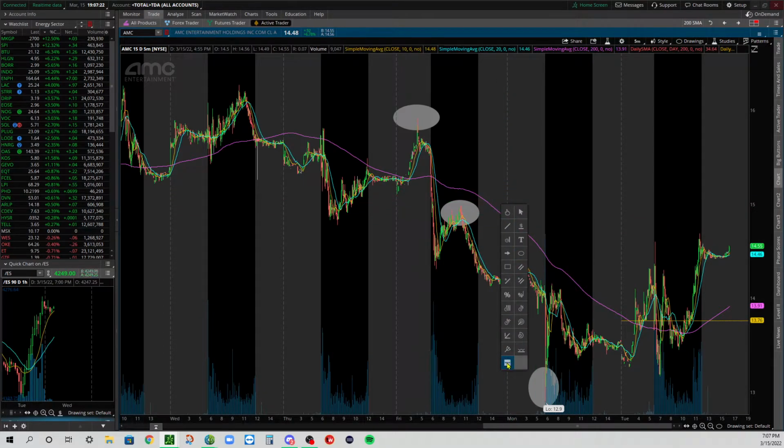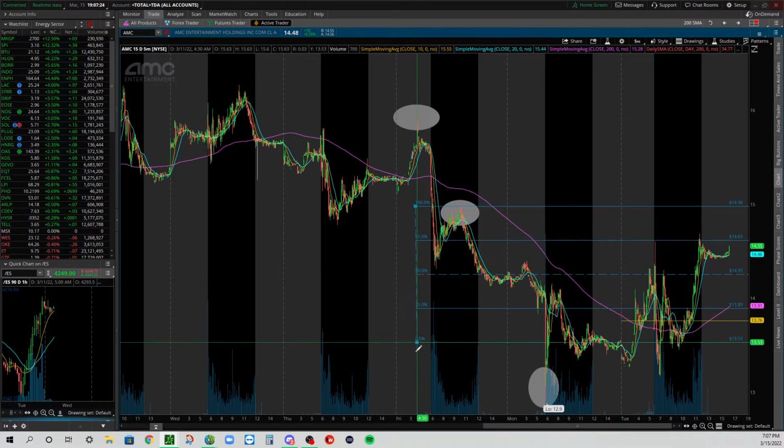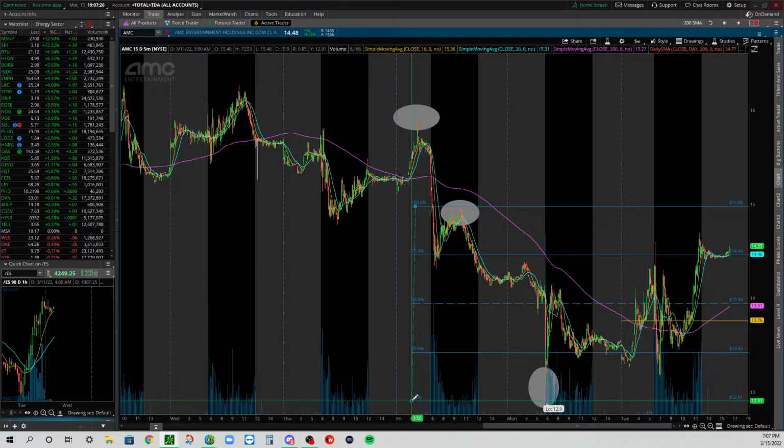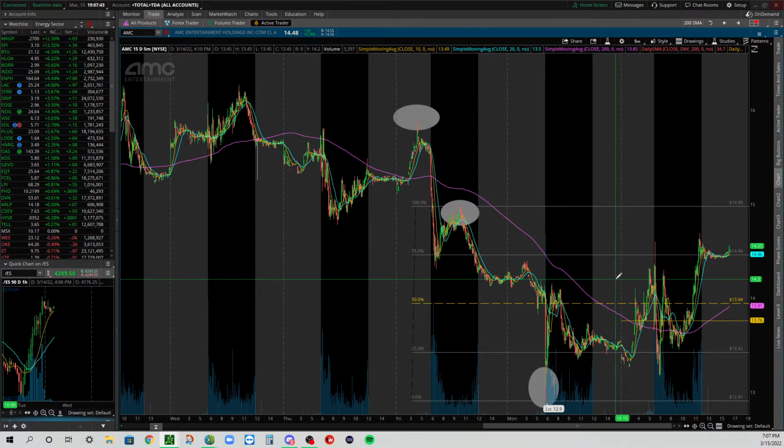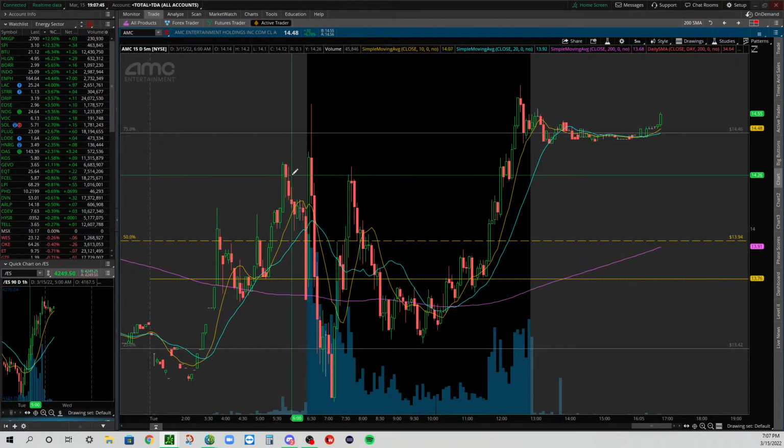So I can pull that, and then right here is the 50% bounce area. As you can see, it hangs around here. And then between levels, you can use the same thing as your top and your bottom, and the middle is obviously your 50%.